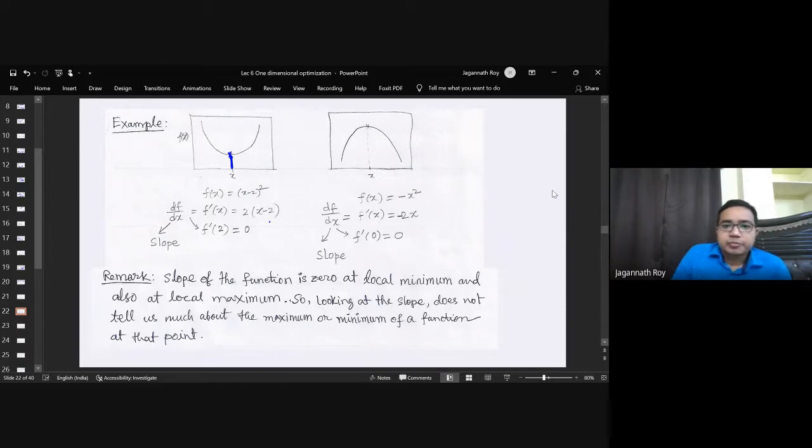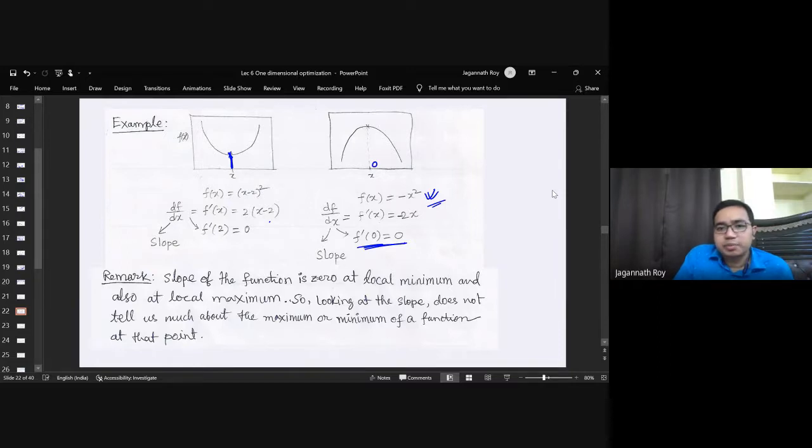And if we think about the problem f x equals x square, then we can see that f dash of 0 is equal to 0. So x equals 0 is also a local optimum point.